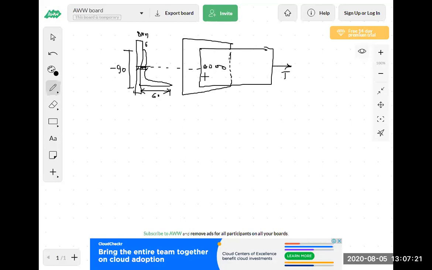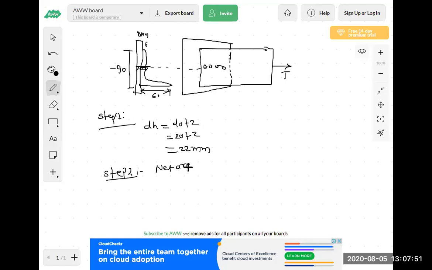So this is the figure, and we have calculated in step number 1 that the diameter of bolt hole dh is equal to d naught plus 2, so 20 plus 2, 22. We have solved that already. And step number 2 is the net area.